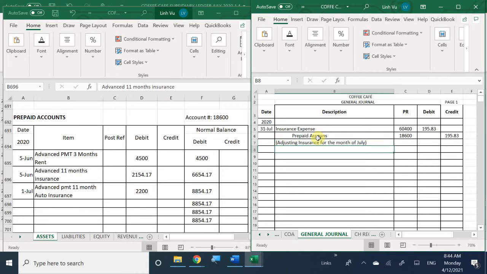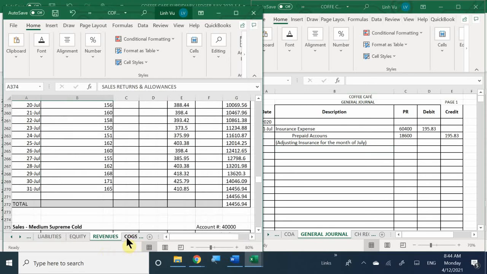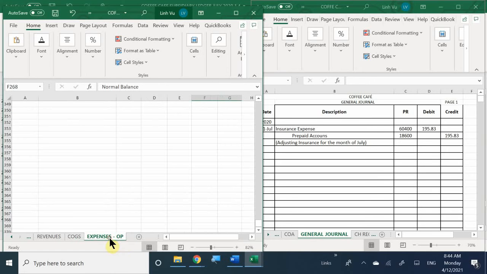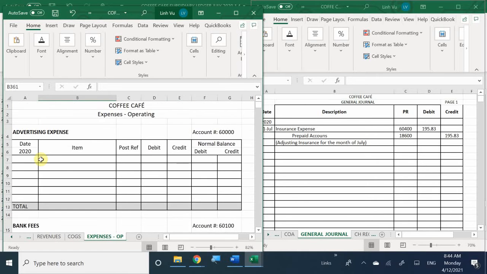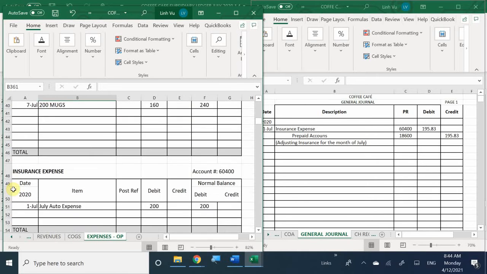Here I'm going to debit my insurance expense because I used insurance for the month of July. Let me go to insurance expense. All right, here we are. It is the 31st, right?